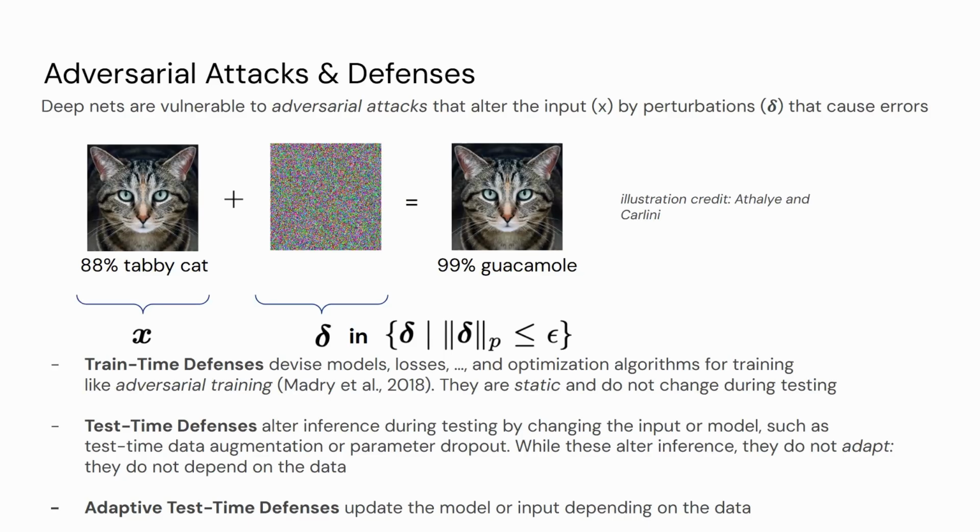This can help, but stronger attacks can still break it, because these test time defenses aren't actually specific to the kind of attack that's happening. So most recently, people are trying to use what are adaptive test time defenses. Just like this tent method is changing the model based on the specific inputs, these methods change their defense given that exact input, that perturbed input from an attack.